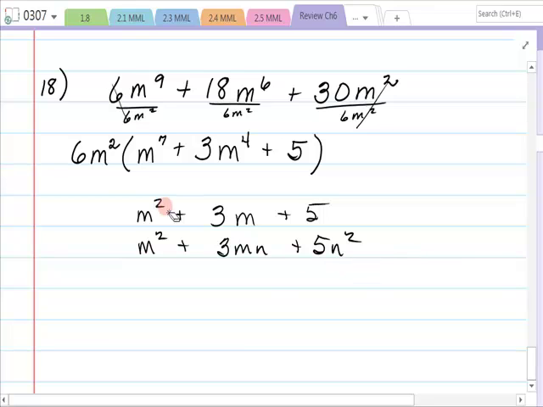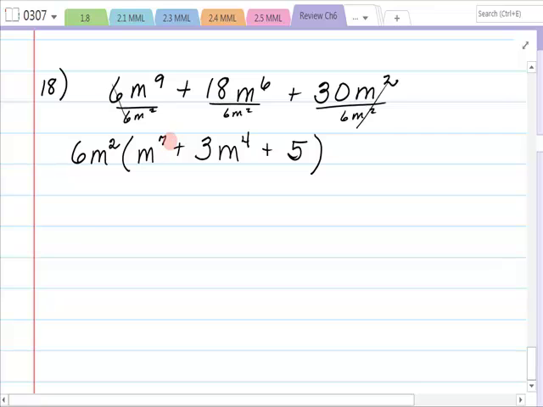Look at the patterns on the exponents. So have we done anything that had an m to the 7th? And if you started working on it, how would you break up m to the 7th? It's not even an even exponent. So guess what? We're done.